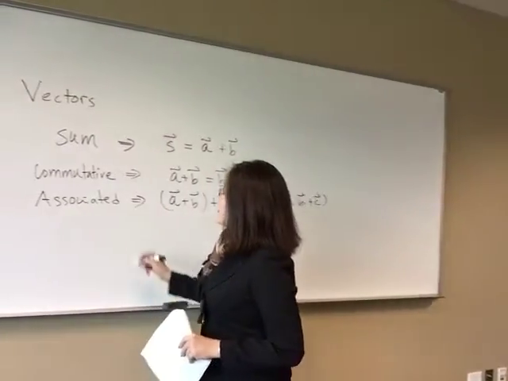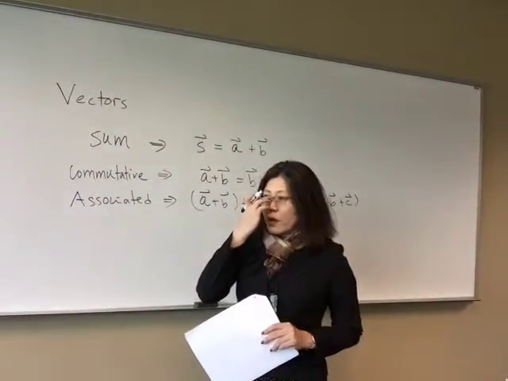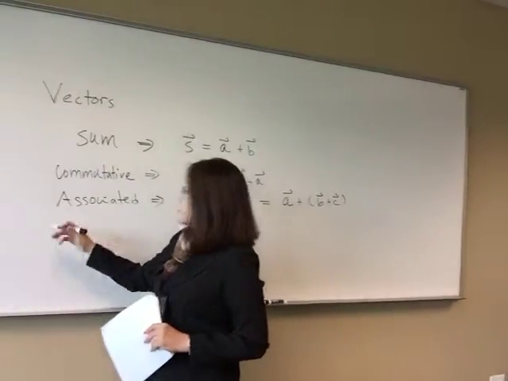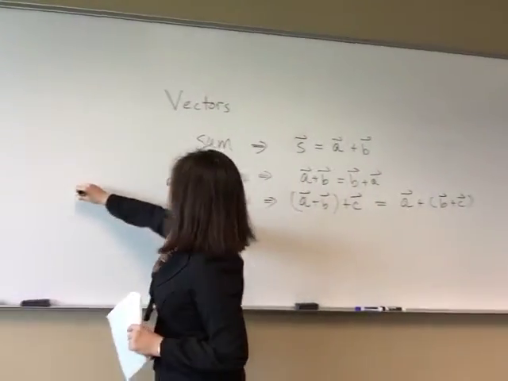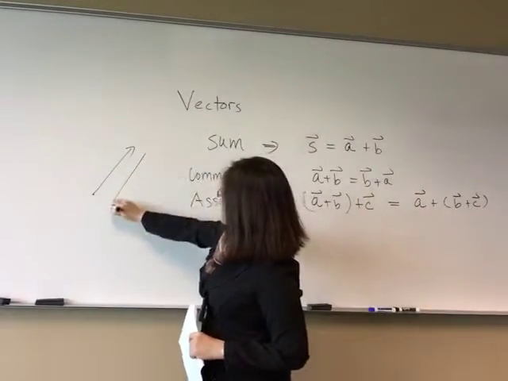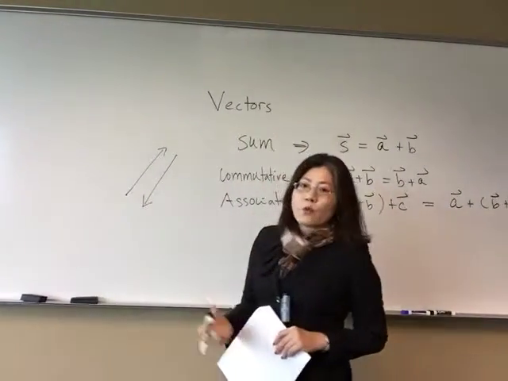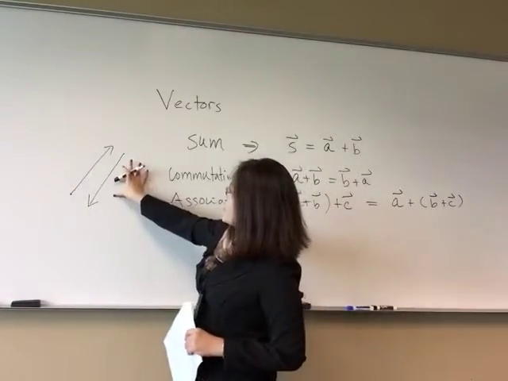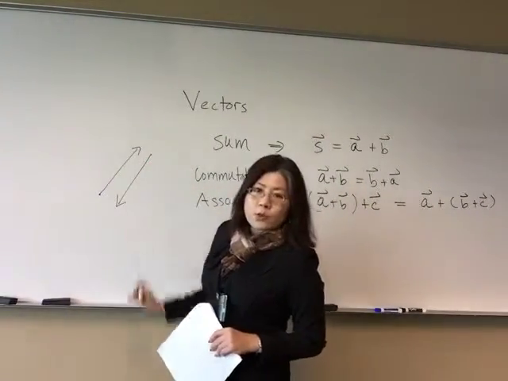Now, what about when you reverse? If you have a vector that's pointing in this direction, what will be the negative of that vector? The negative of the vector would just basically reverse the direction. That keeps the same magnitude but points in the opposite direction.